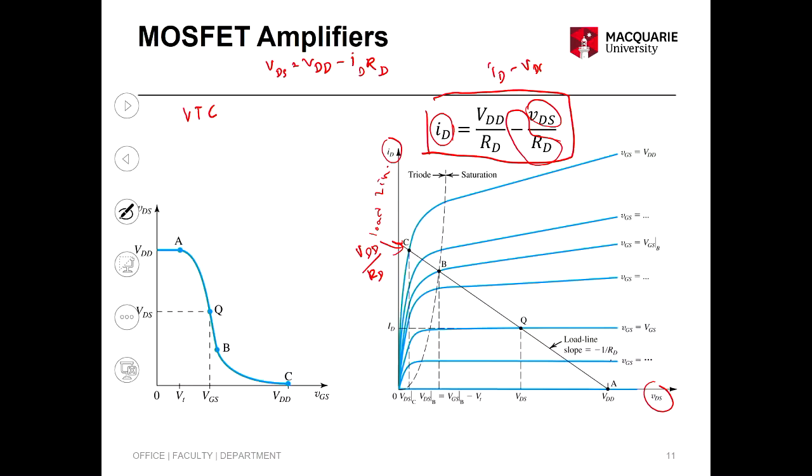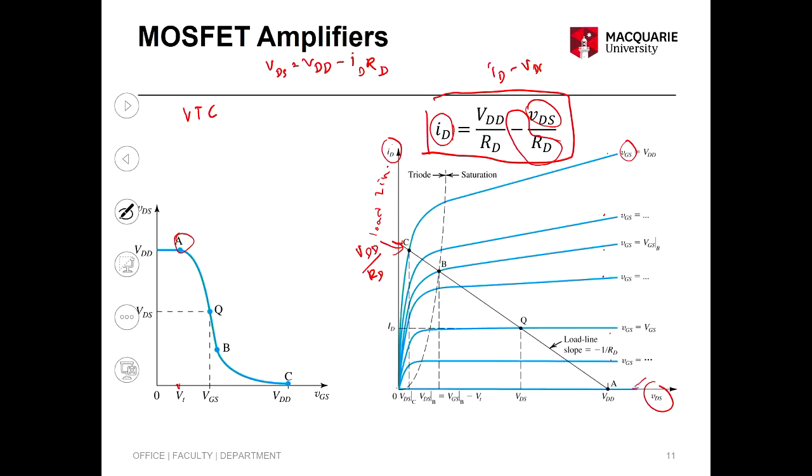Each of these curves represents a different point of your gate-source bias, right? Now, let's get to something very simple here. At point A, your VGS is very low, so you are almost below threshold. That means you won't have any ID current, or it will be very small.